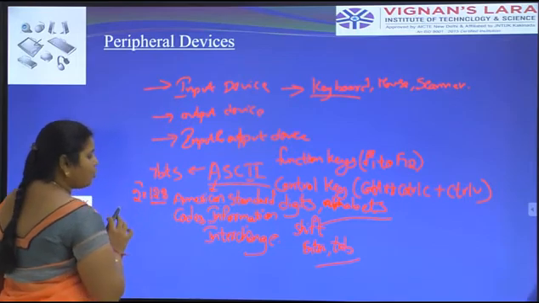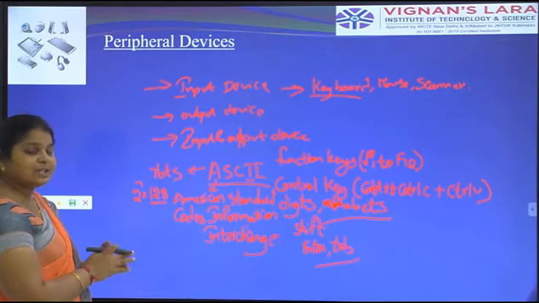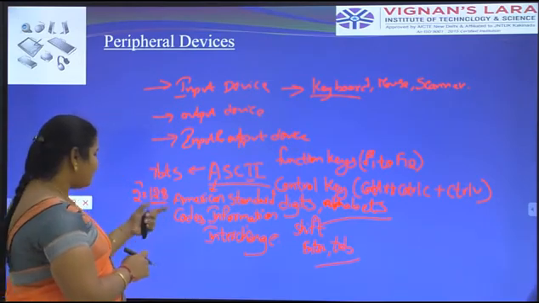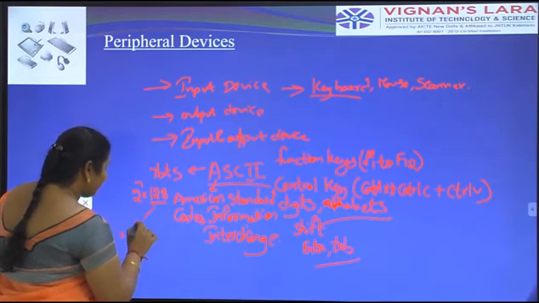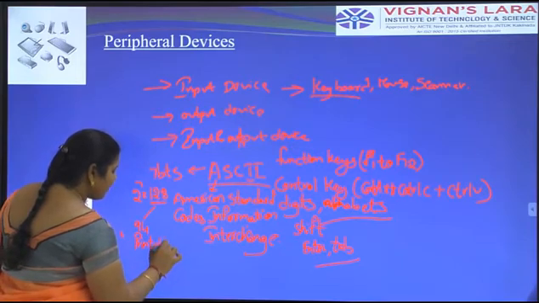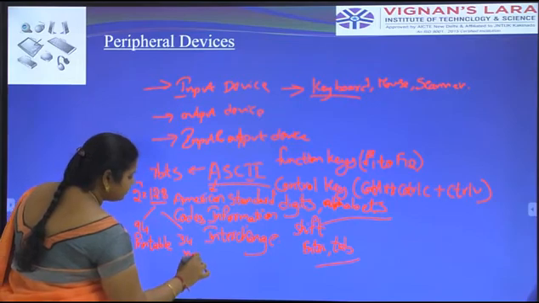So ASCII code, American Standard Code for Information Interchange, consists of 128 characters. Of these 128, 94 are printable and 34 are non-printable.